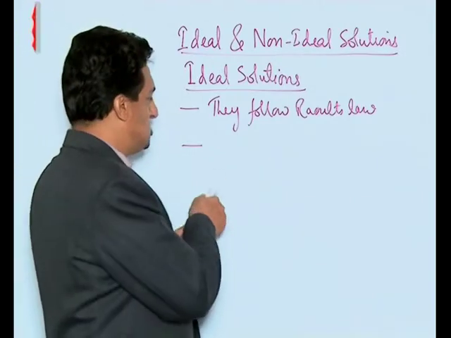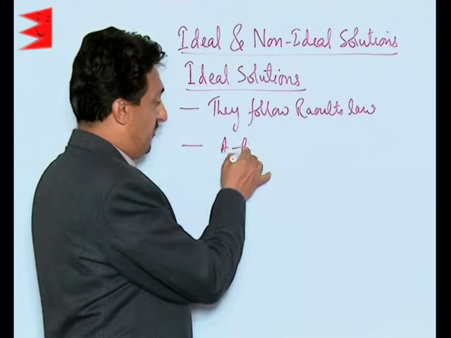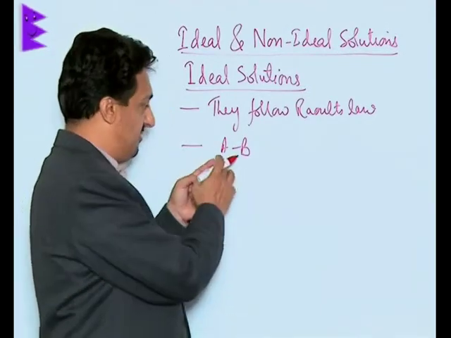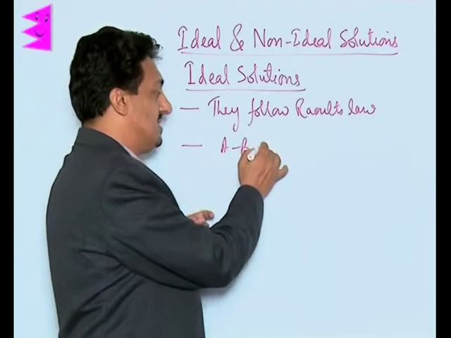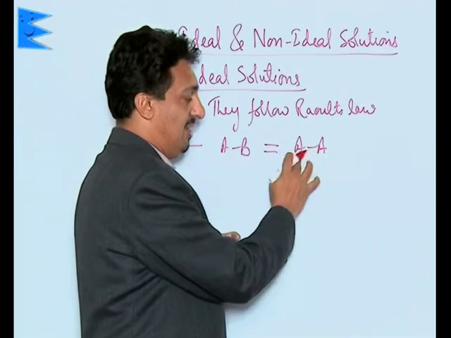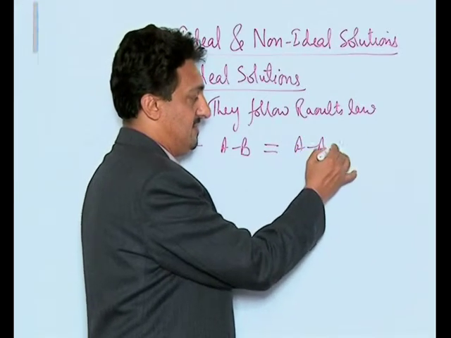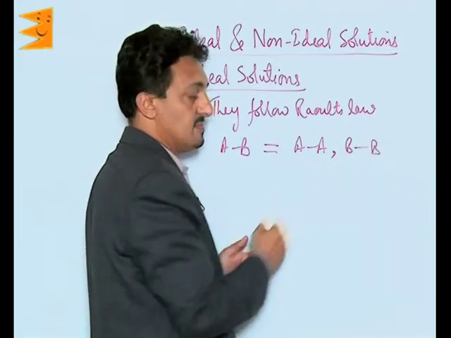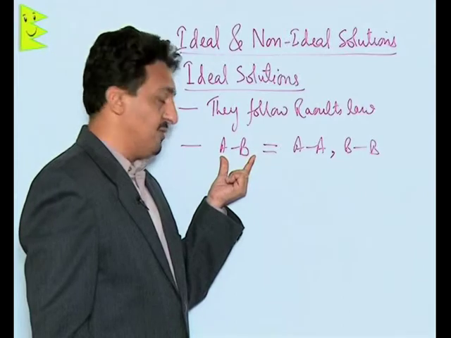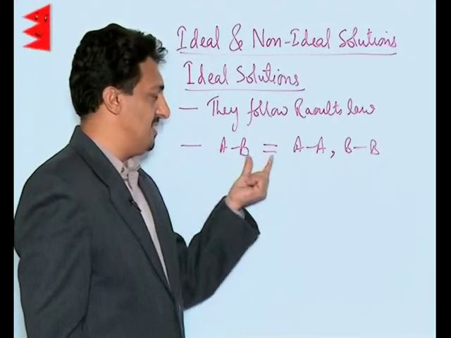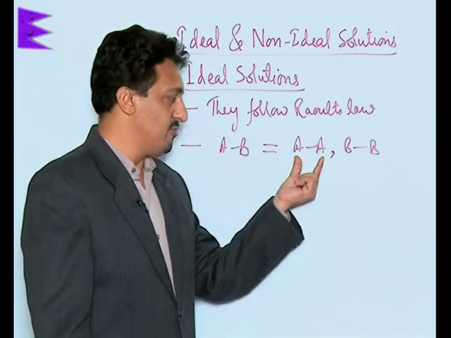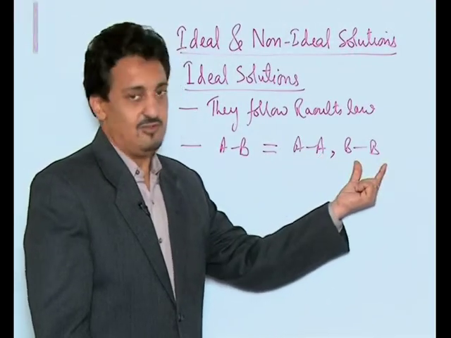So what we can write in short is that whatever the type of interparticle forces between solute and solvent A-B, the same type were present in the original between solute-solute and solvent-solvent. What this means is that the intermolecular forces between solute and solvent are exactly of the same magnitude and exactly of the same type as they used to be between the original solvent and solute molecules.